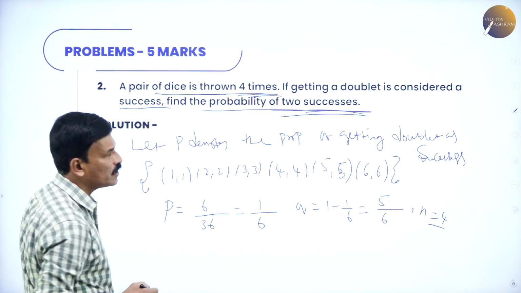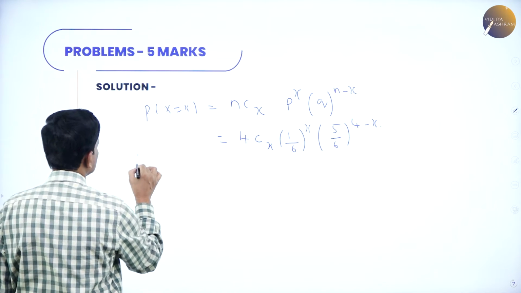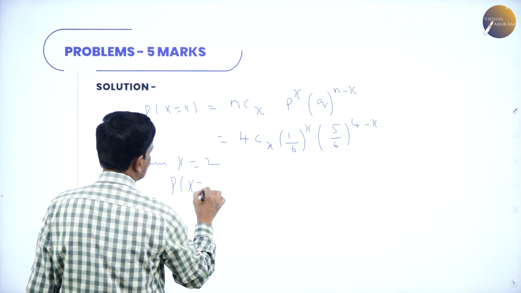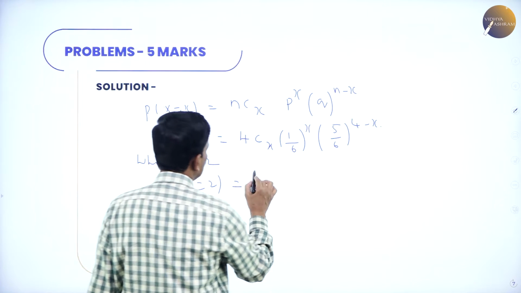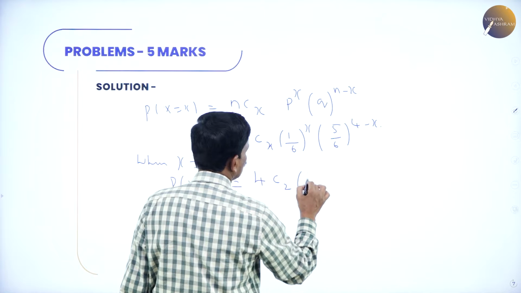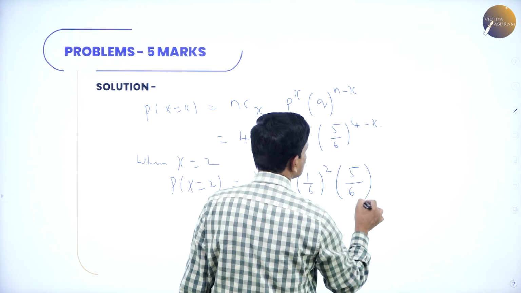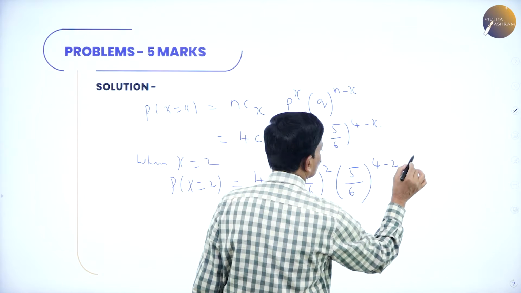Find the probability of 2 successes. 2 successes means X is equal to 2. That is, the probability of X is equal to 2 is given by 4C2 into 1 by 6 to the power of 2 into 5 by 6 to the power of 4 minus 2.